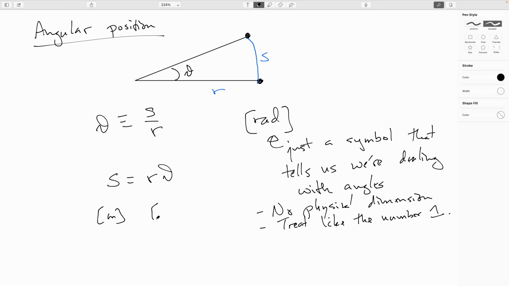The radius has units of meters. And then we have this symbol radian. At first you'd look and say, oh, it looks like I screwed up because I got meters here, meters times radians here. But it's all okay because we just treat the radian like it's the number 1. It's just a symbol to let us know that this is an angular quantity, but we don't stress about it when we're checking units because it's not really a unit.